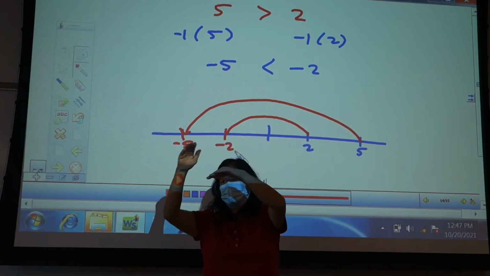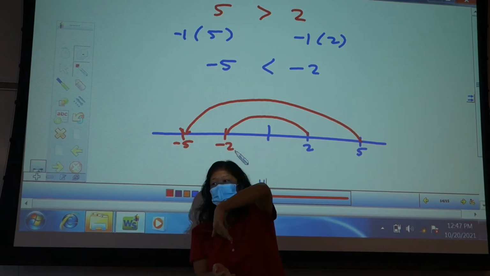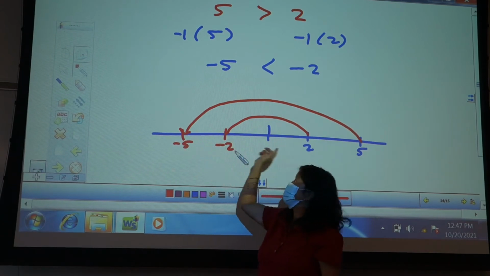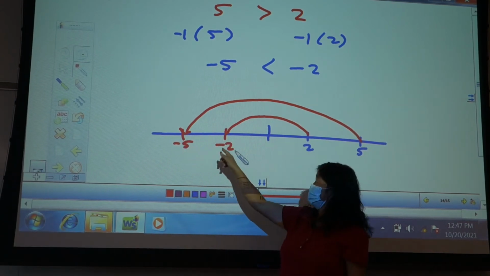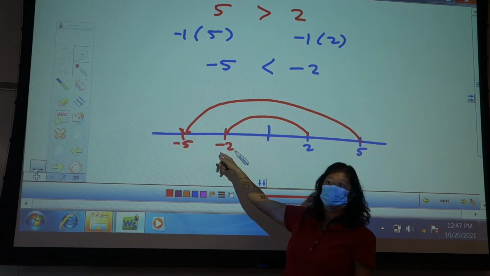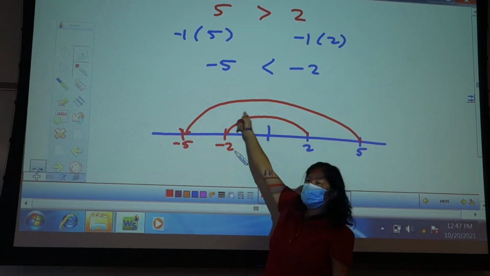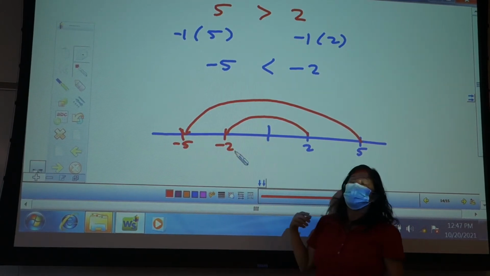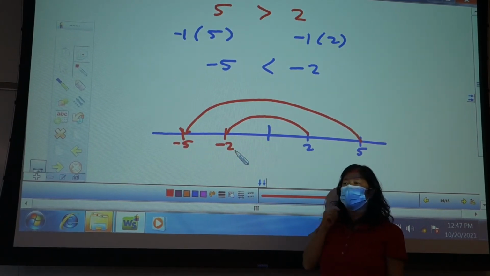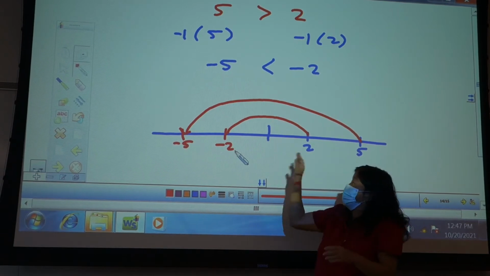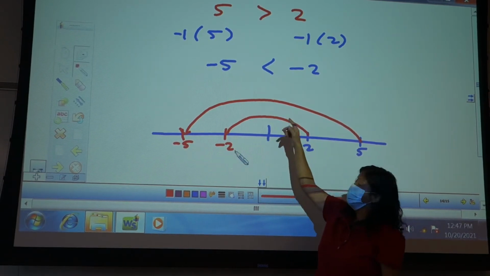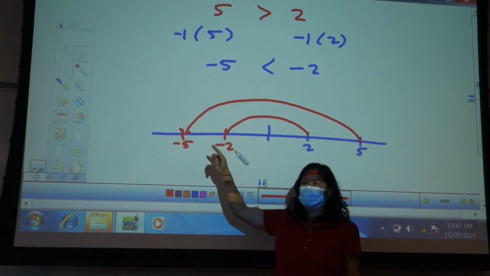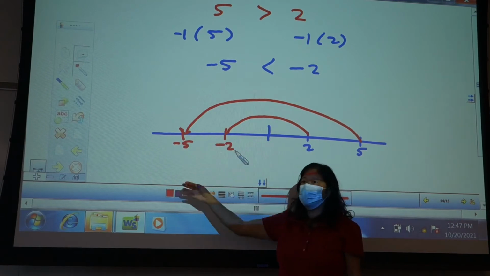If I multiply by negative 1, all of a sudden, this one's further below. It jumps further back in the other direction, so it becomes more negative. So now this one is ahead. This one's larger. Do you see what's going on? It's jumping back more. This is jumping back less. So whenever you multiply or divide by a negative number, when there's an inequality, the one that was bigger becomes smaller because it becomes more on the other side.